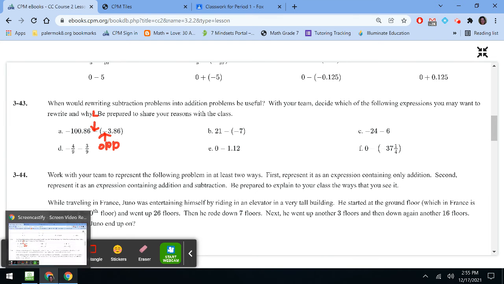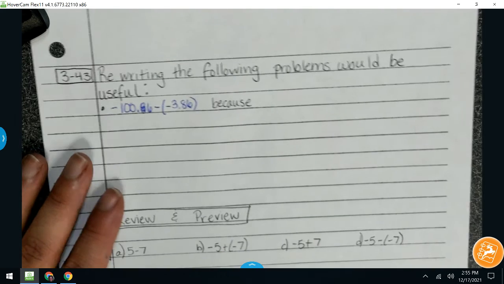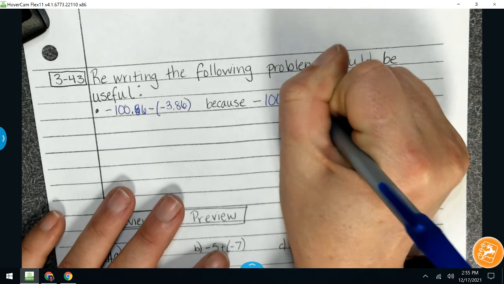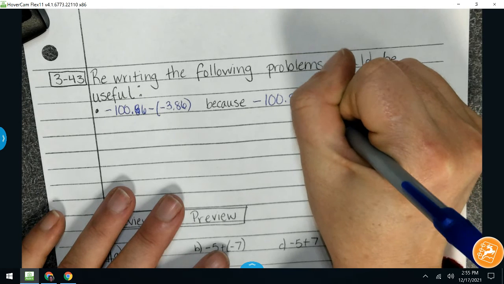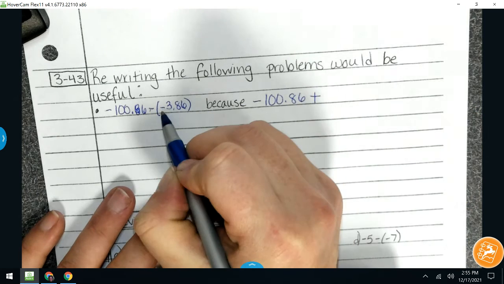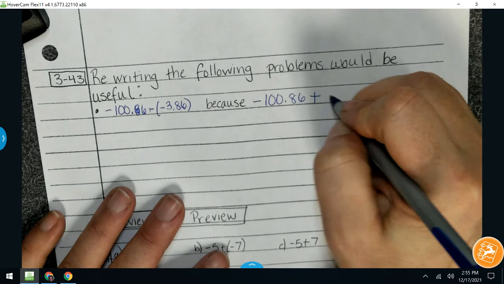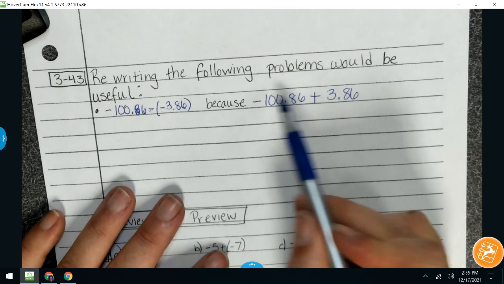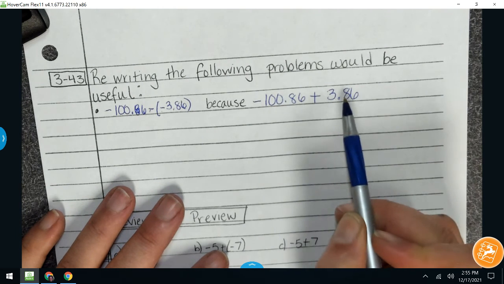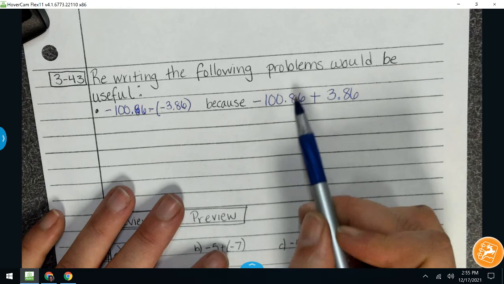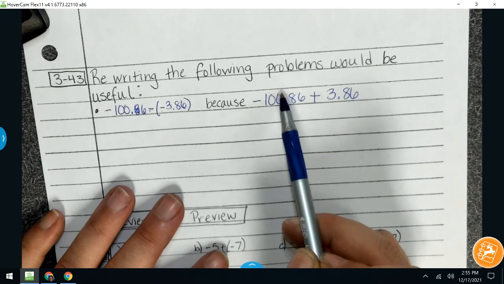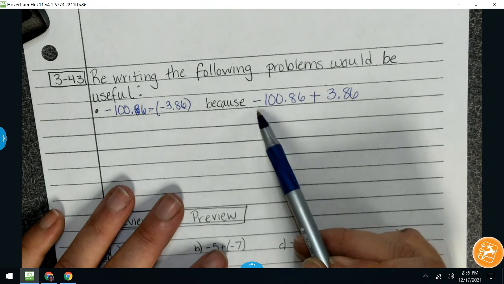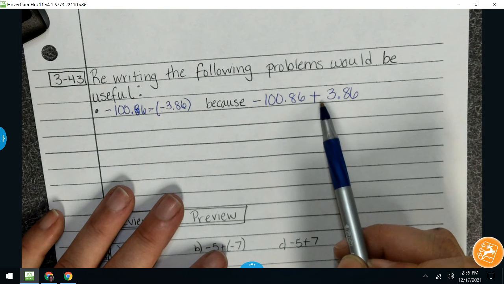Again, I would probably rewrite this as the opposite of 186 hundredths plus, because if I'm going to the left, oh no, I'm going to the right, that's addition, 3 and 86 hundredths. Because they're opposites like this, my 86 hundredths goes away, and really I'm only taking negative 100 plus 3. If I'm negative 100 plus 3, that would be negative 97.